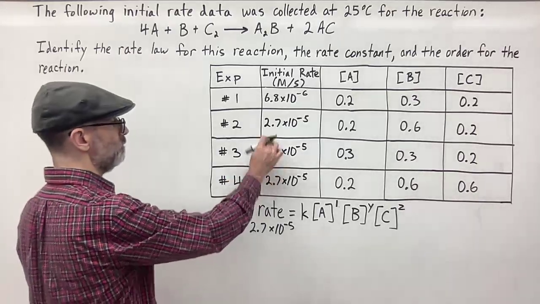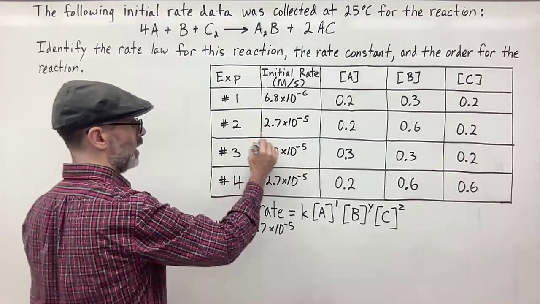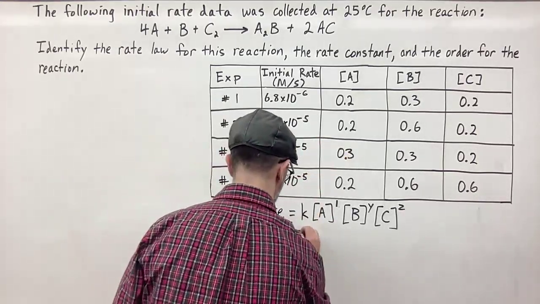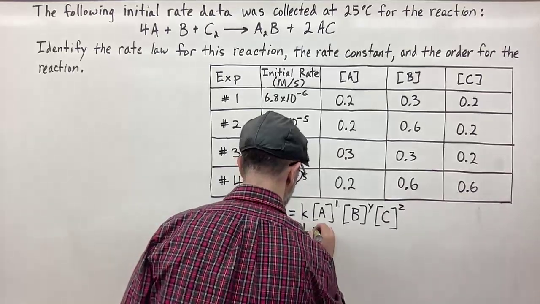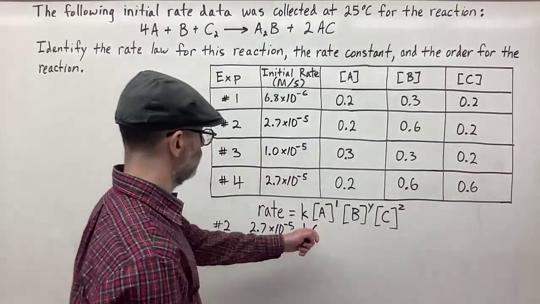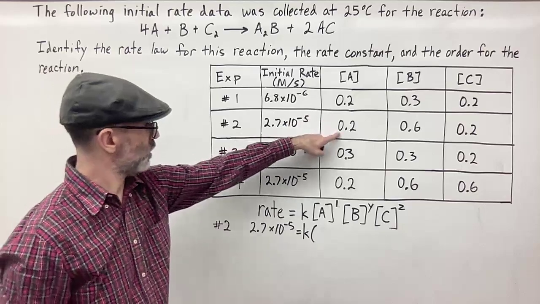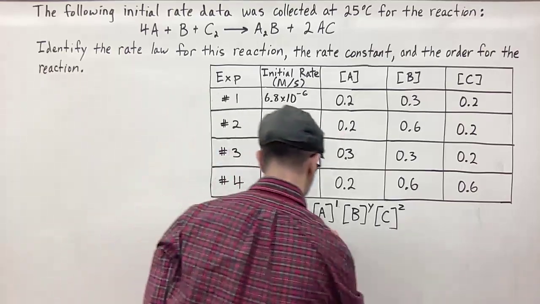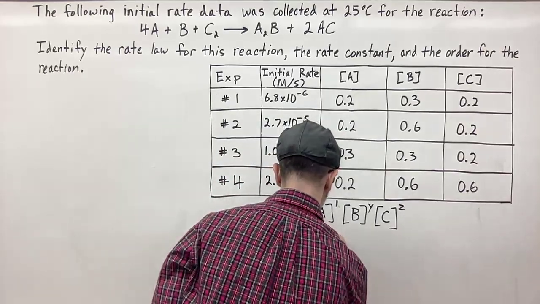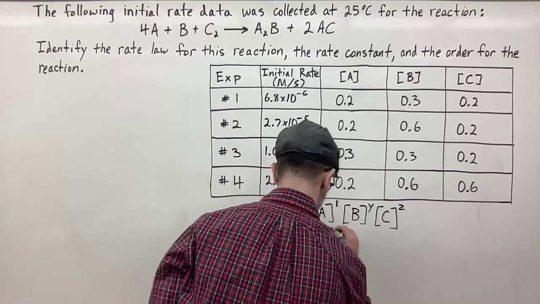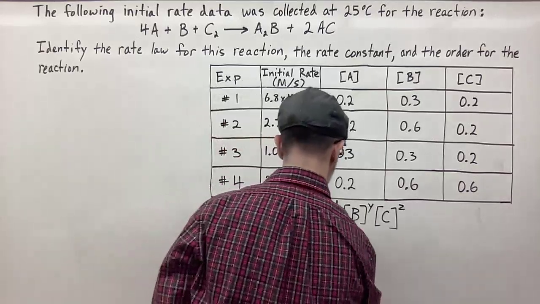And that's going to be equal to k times the concentration of A, which in this case is 0.2, to the power of 1.